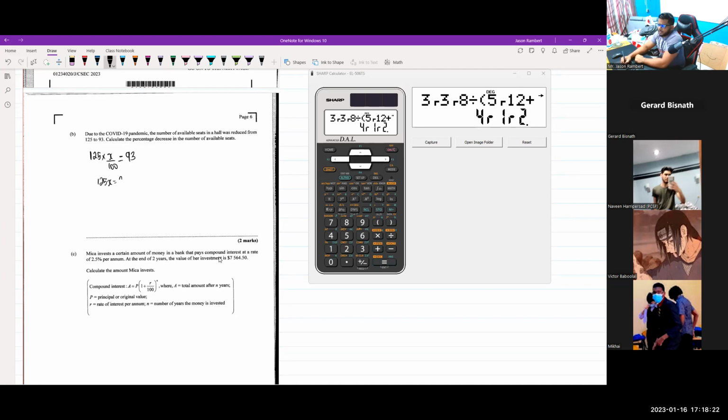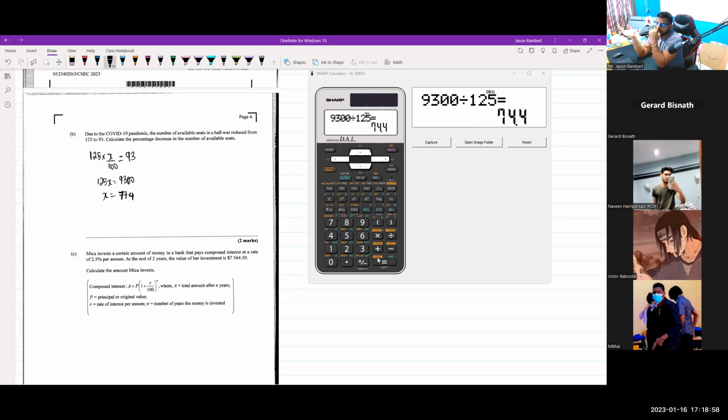125X is equal to 9,300, and X is 9,300 divided by 125, which is 77.4%. 77.4% is the percentage that will give us the 93.